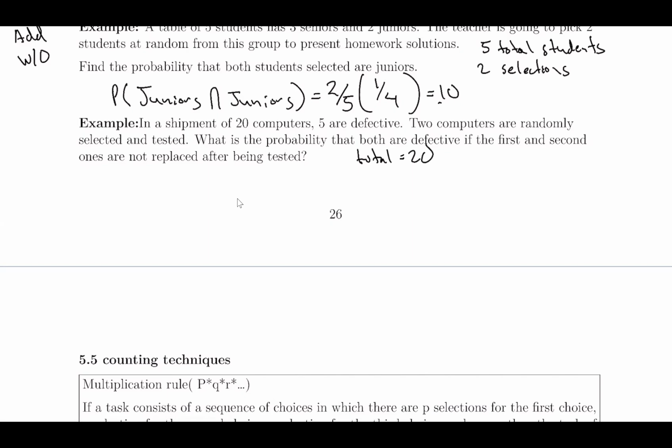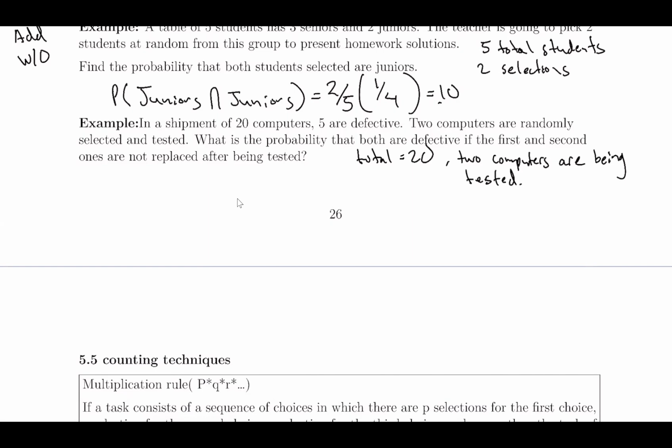So let's say 2 computers are being tested. Since I know 2 computers are being tested, this is pretty much telling me I want to do the multiplication rule.